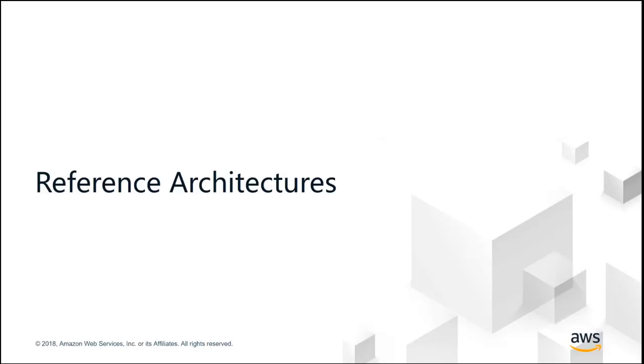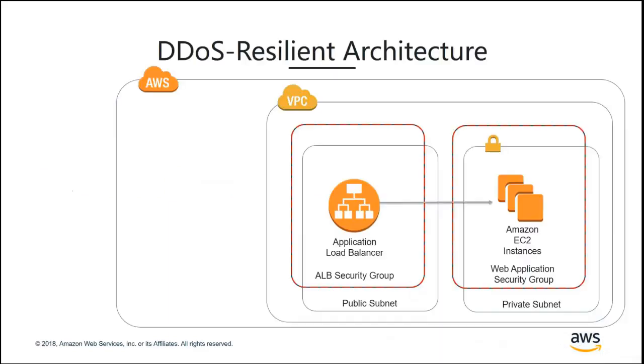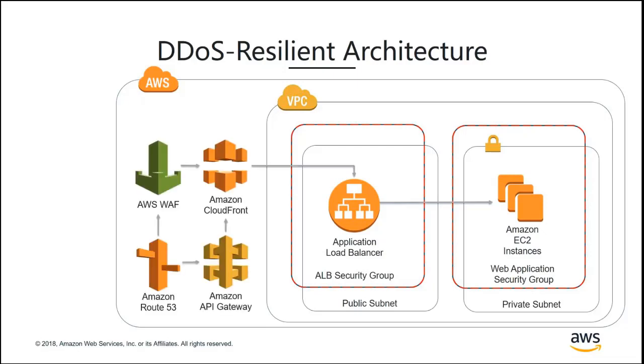Now I'm going to cover a couple of common reference architectures we see when customers are enabling Shield Advanced for their platforms. So this is a pretty standard, could be a web or TCP application with EC2 instances fronted by an application load balancer. It's a pretty common design.